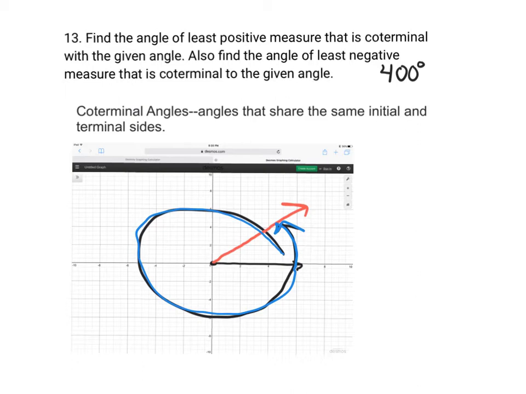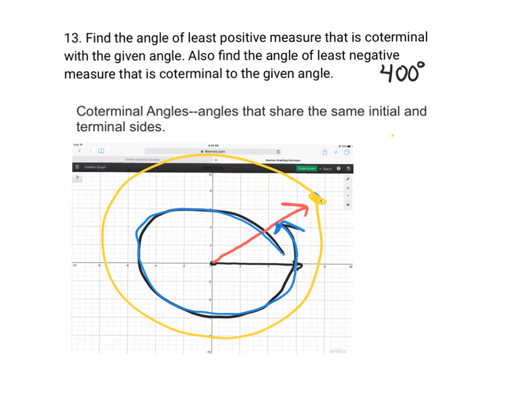Now I want to find the angle of least positive measure that is coterminal. Well, if I add or subtract 360s, so if I start here and I add 360, I'm back where I was.